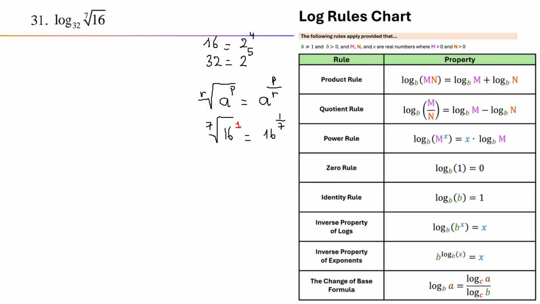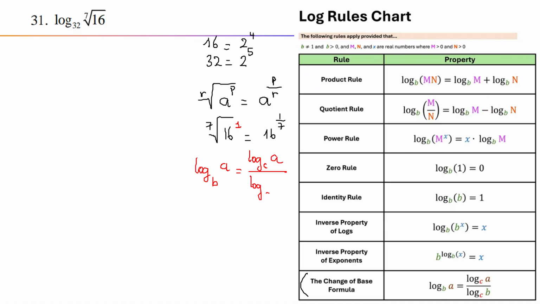And now for the 32, how can we work on it, because it's not the base, right? So we will use the change of base formula. When you write log base b at the bottom, of a, that equals log base c, you can choose any base c, of a, because a is at the top, so it stays above.